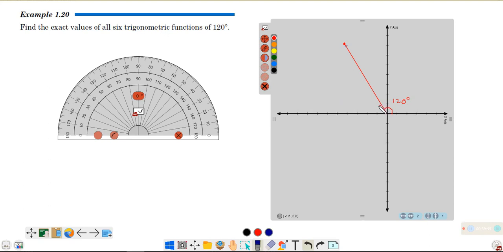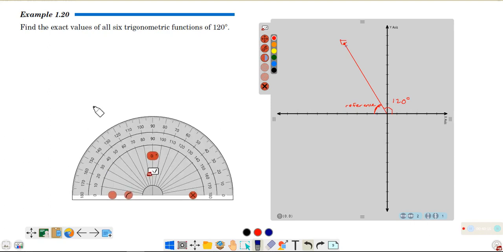So meron itong reference angle na, so the angle formed by the x-axis and the terminal side. Kung ito ay 180 degrees, we have to subtract 120 out of 180. 180 minus 120 degrees, the reference angle is 60 degrees.